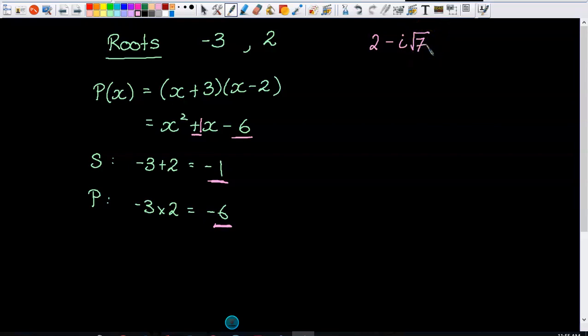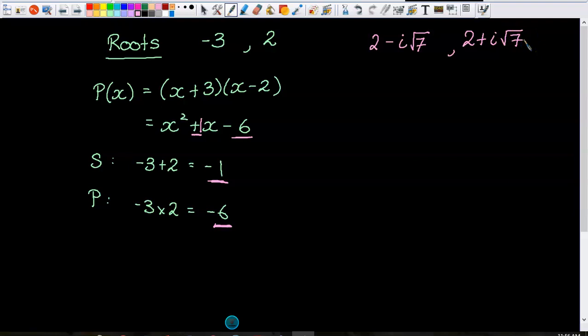So sometimes, and this is one of the little catches that some of the questions do as well, they say, this is the one root. Well, remember, you are allowed to assume if 2 take i root 7 is a root, then 2 plus i root 7 is also a root.